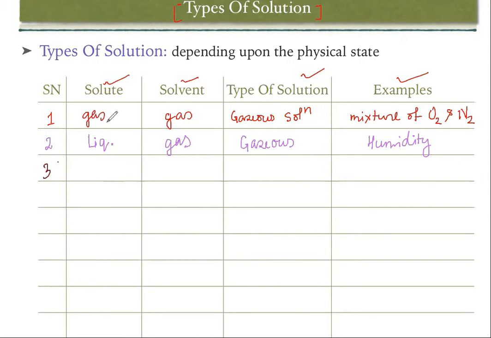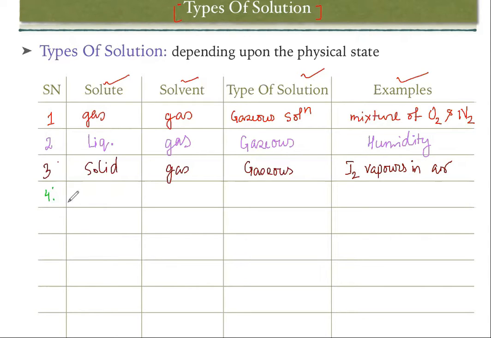Next we will discuss: solute type is solid, solvent type is gas, and the type of solution they make is gaseous. The example is I2 vapors in air.